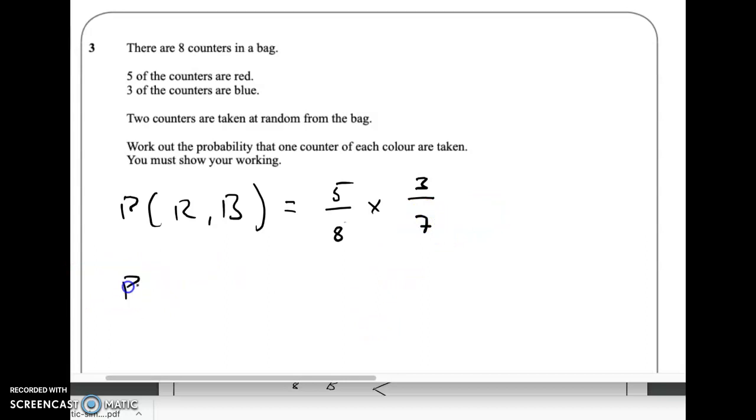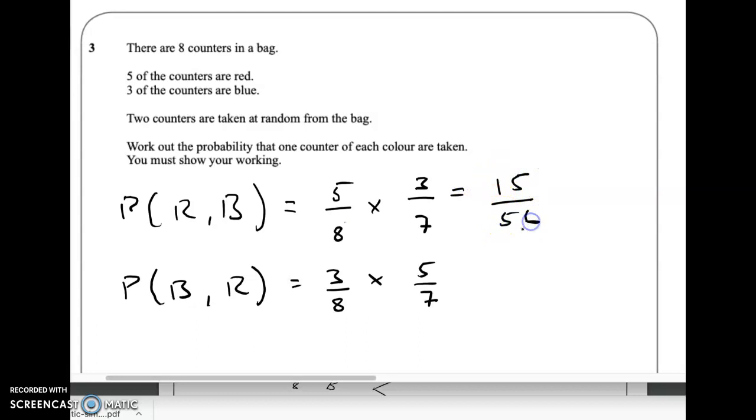Or it could be the probability that it's blue and then red, which means it's going to be 3 over 8 times the red is going to be 5 over 7. So this equals 15 over 56, and this equals 15 over 56.